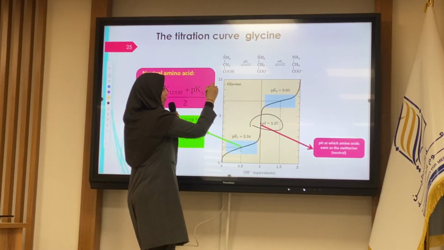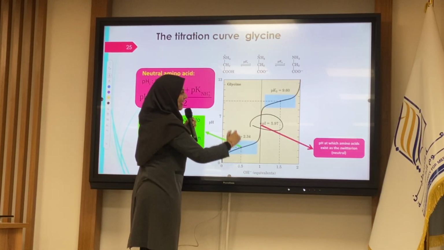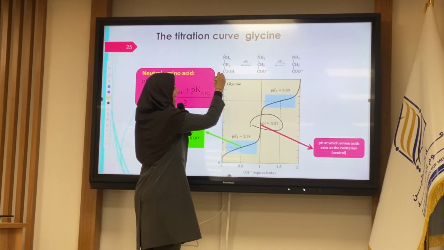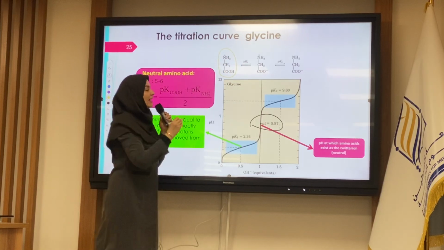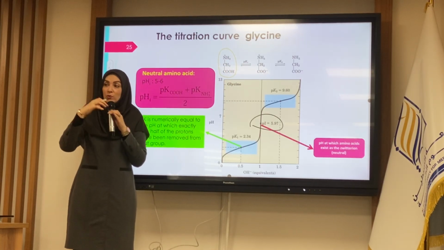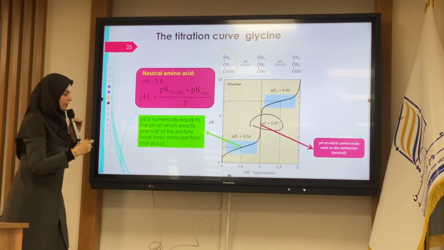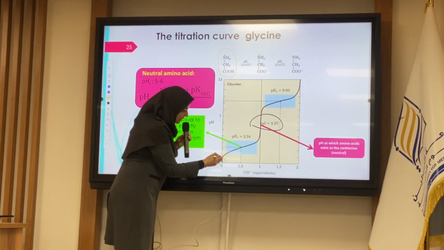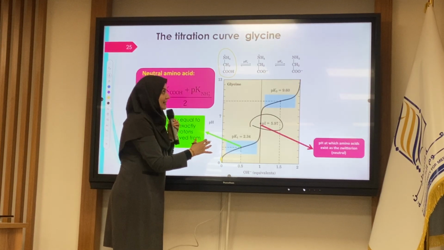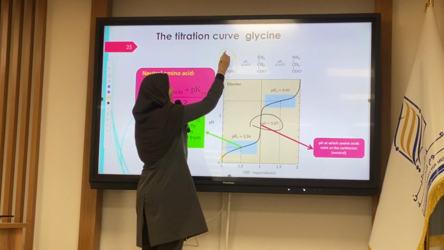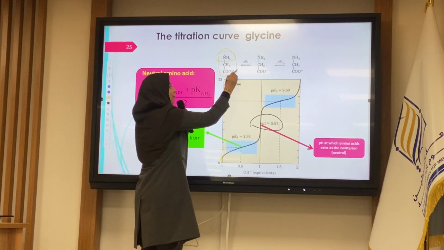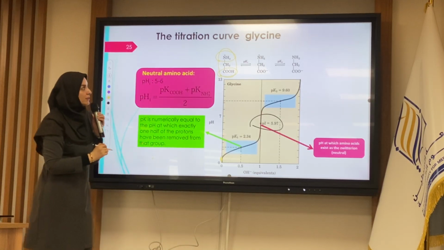Before calculation, I want to explain what happened during this curve. As I mentioned, you take a fully protonated molecule. What does it mean? The pH is very low, fully acidic. Yani NH3+, full of protons.